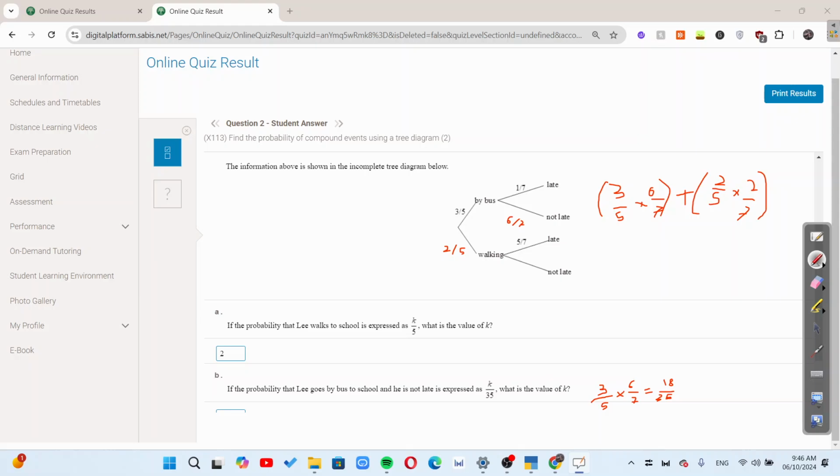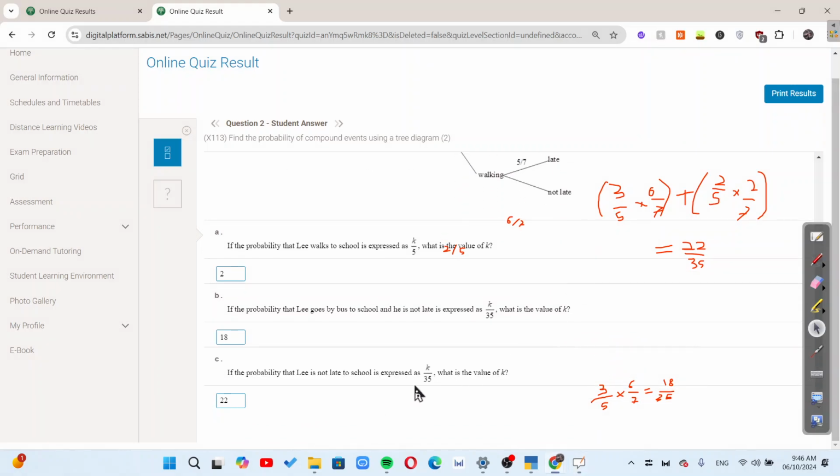Put all this in your calculator and you're going to get 22 over 35. When you scroll down, yep, 22 over 35.